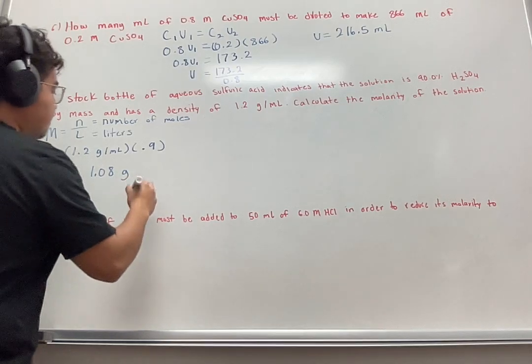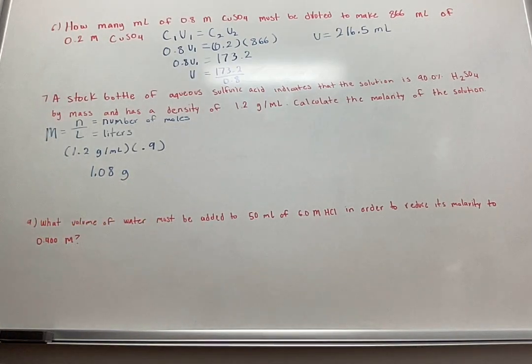Basically, for every milliliter of this solution, 1.08 grams of that is going to be H2SO4. If you do 1.08 divided by 1.2, you should get 90%.